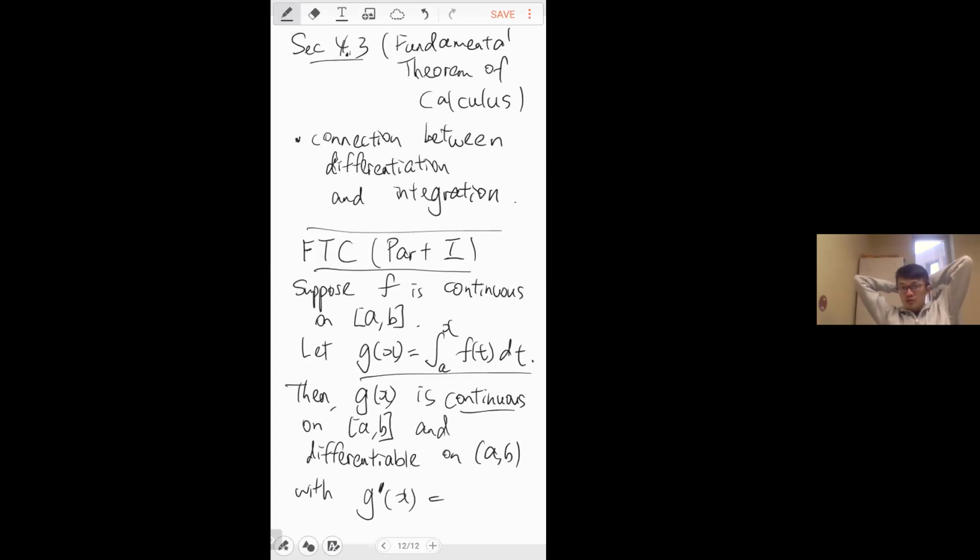So g of x is the integral of the function f. What happens when you take the derivative of the integral? Let me say this again. G of x was defined to be the integral of the function f. I'm asking what happens when you take the derivative of the integral.